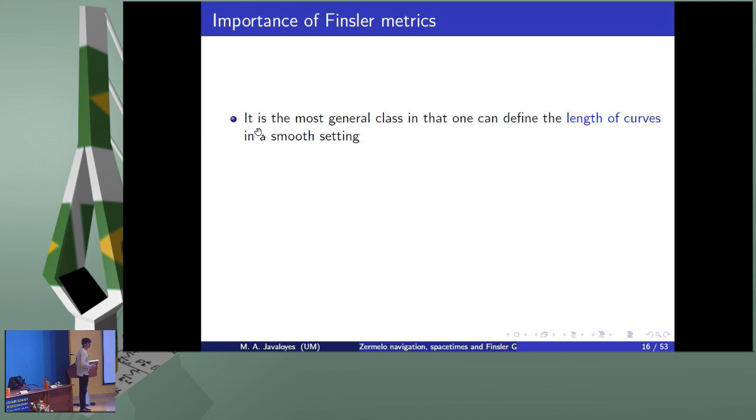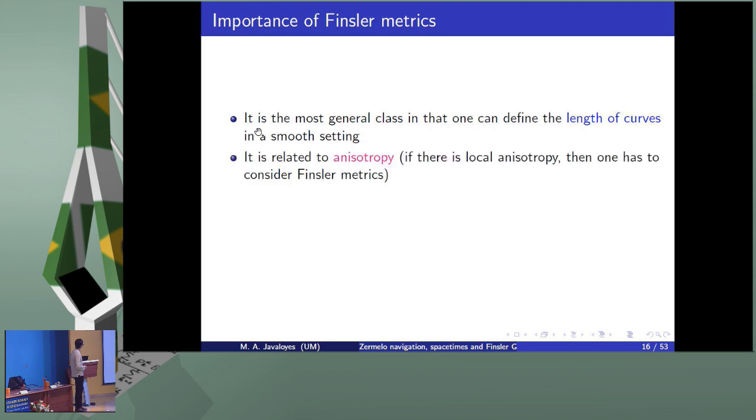So why study Finsler metrics? It's the most general class in which you can study the length of curves in a smooth setting. Maybe there are other settings, but if you want to use connections, curvatures, and so on, this is the most general background. When there is anisotropy, you have to consider a Finsler metric. Riemannian metrics are very isotropic; locally, they have a lot of symmetries.